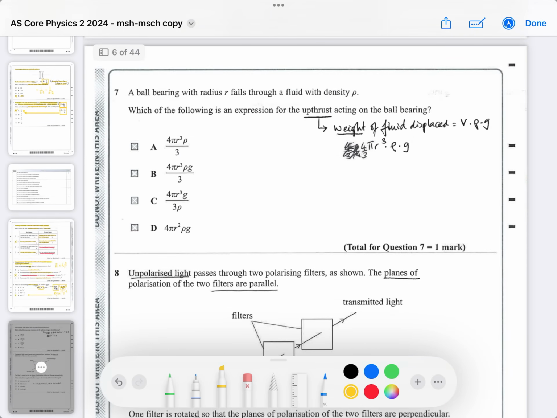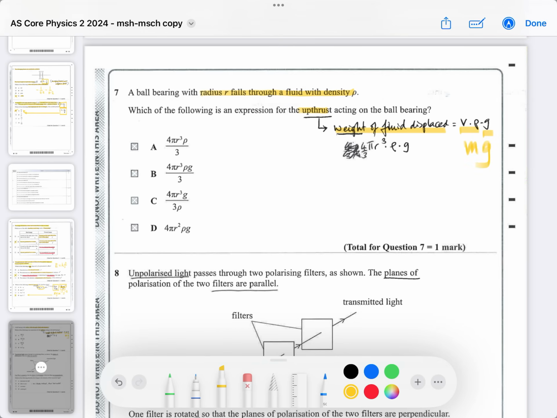Question 7. A ball bearing with radius r falls through a fluid with density rho. Which of the following is an expression for upthrust? Well, upthrust, you need to know, is the weight of fluid displaced. So the mass would be volume times density, and then you've got to multiply it by g to get the mass into newtons, kilograms to newtons.